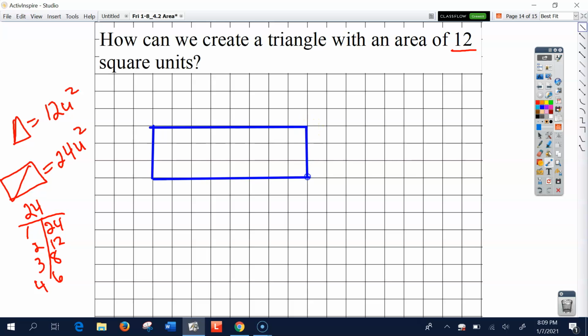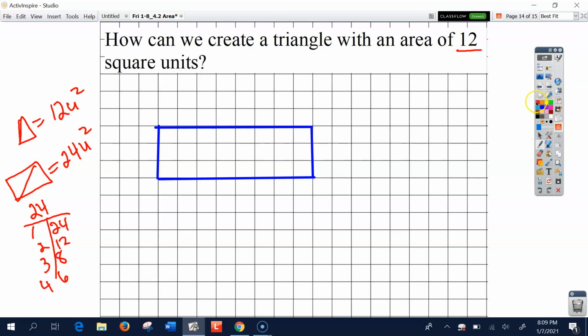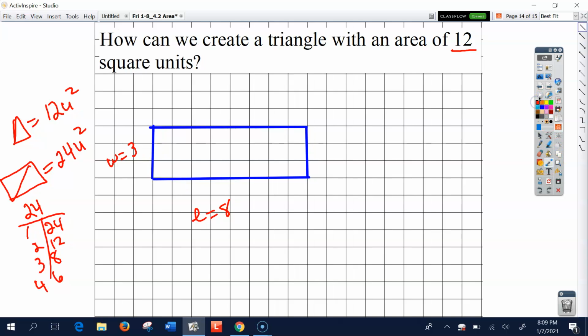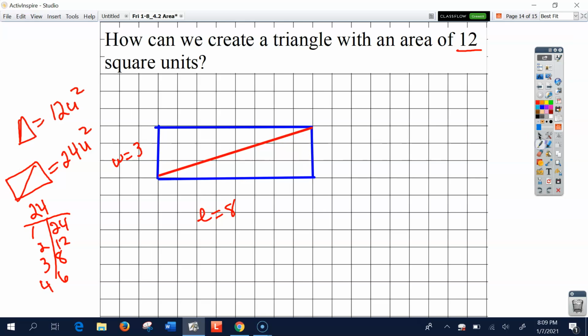Okay, so when I complete my rectangle, my length is 8 and my width is 3. And 8 times 3 is 24. And then when I draw a diagonal and I cut this rectangle in half, my diagonal makes a triangle that should have an area of 12 square units.